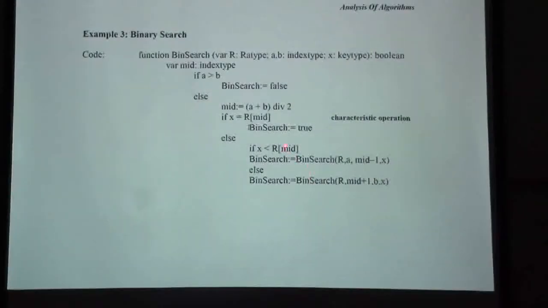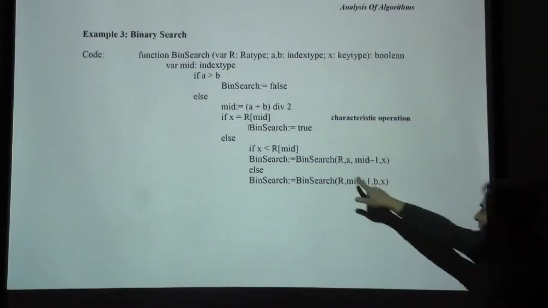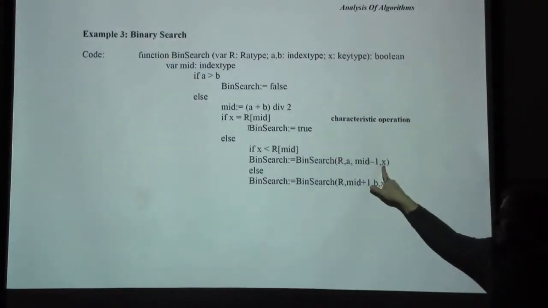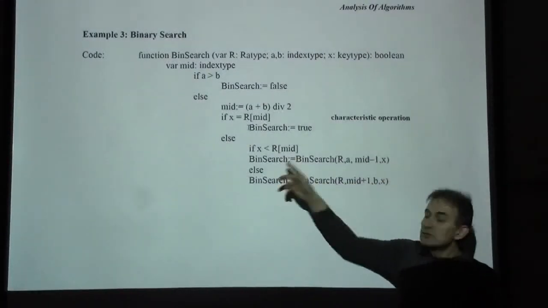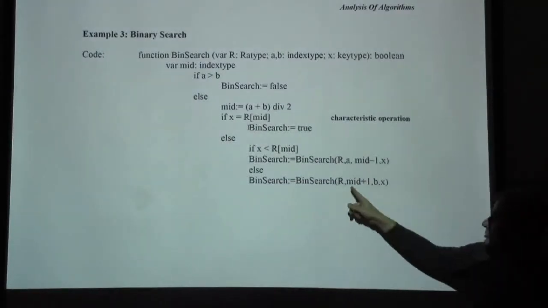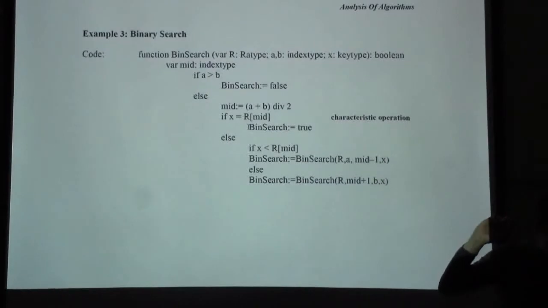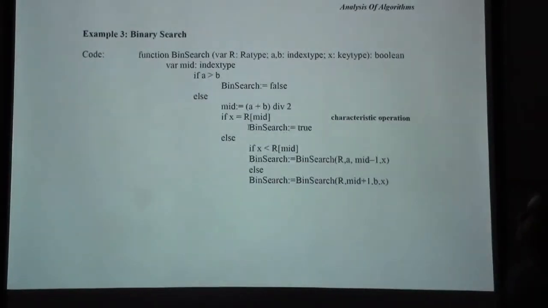If X is smaller than the middle, then search the array from the beginning, 1 left of the middle for X. But if it's not less than the middle, so it must be more than the middle, then search mid plus 1 to the right all the way to the end. Make sense?